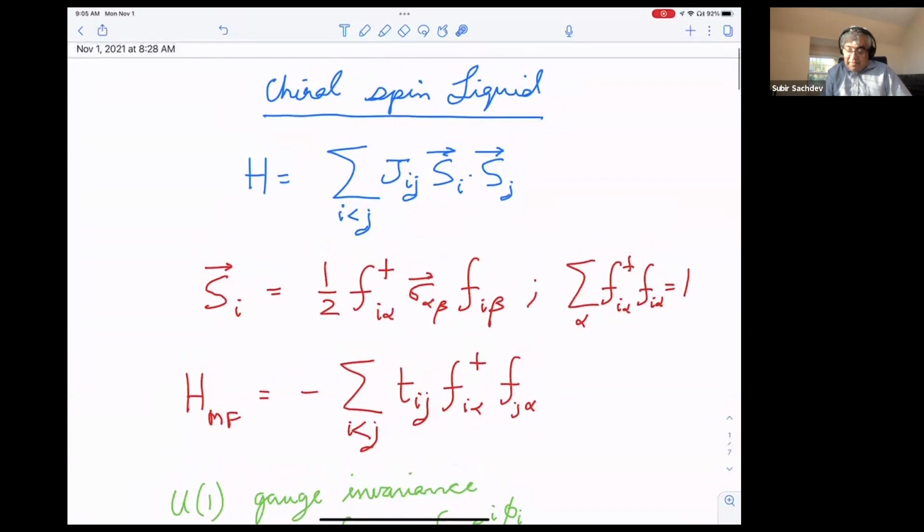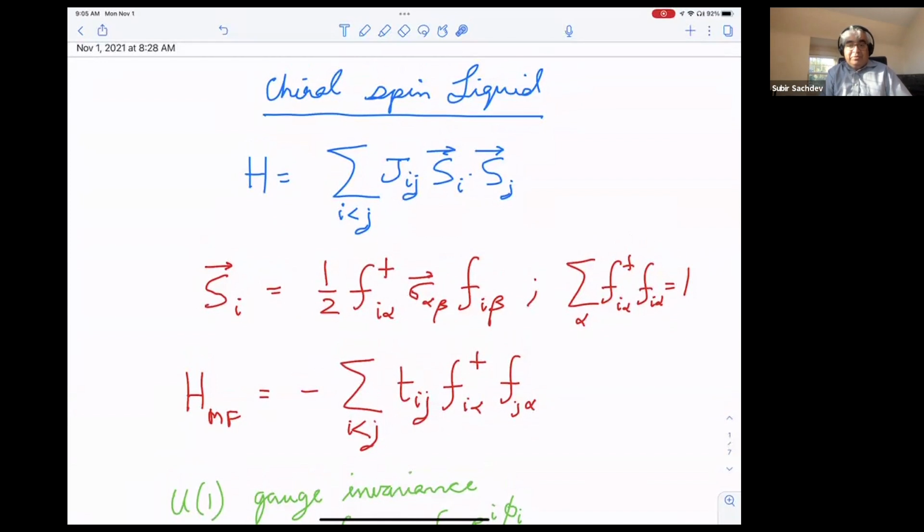Of course, we don't know that this is a good ansatz for the mean field theory, so you have to do some detailed calculations. But with the benefit of hindsight and a lot of numerical studies, there are certain Jij for which this is a good starting point.